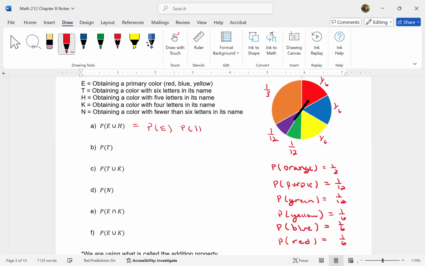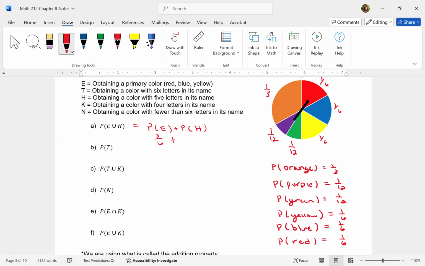The reason is they have nothing in common, because in E, none of those happen to have 5 letters. So the probability of E is 1/6 plus 1/6 plus 1/6, which is 3/6 or 1/2.